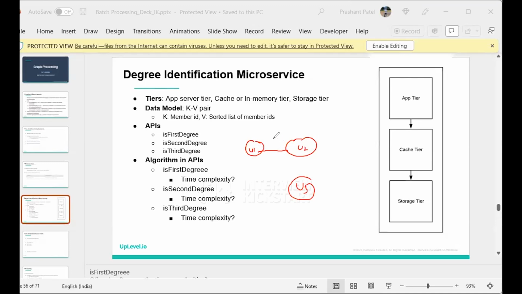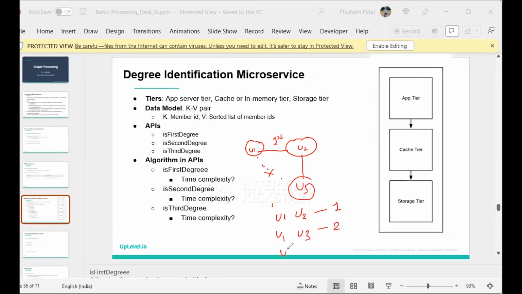This is called the first degree connection. And U2 is connected to U3, but there is no such connection between U1 and U3. So U1 and U2 are first degree connections.